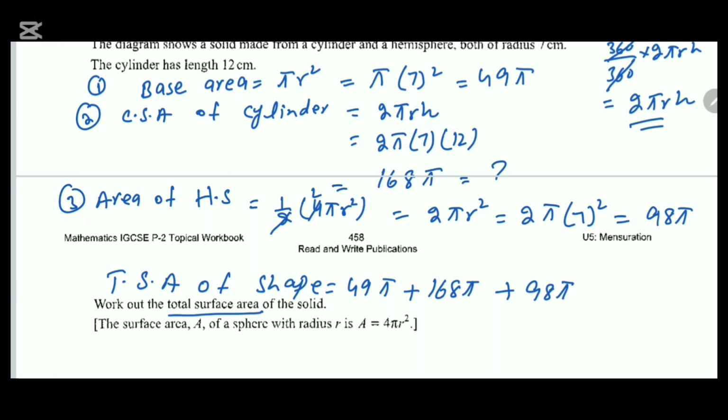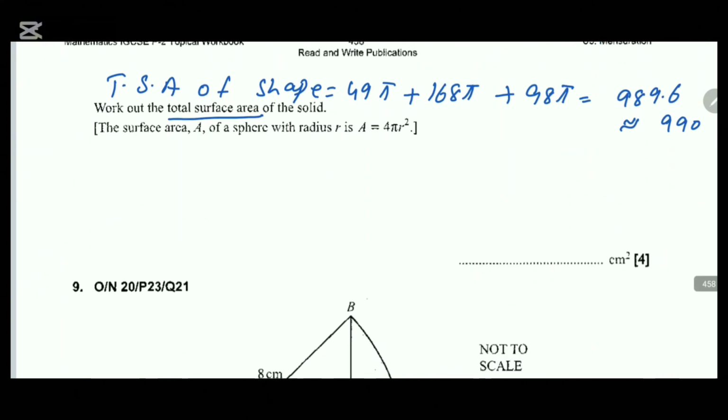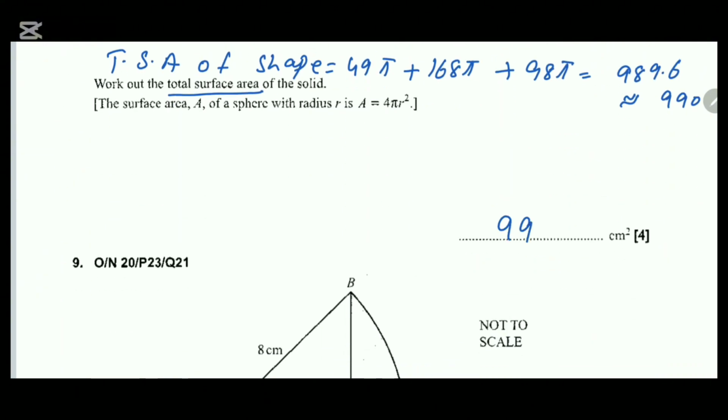But I kept pi as it is, and I have solved in the last. So now if you add them, you will get 989.6, and that is almost equal to 990. So the final answer is 990 centimeter square.